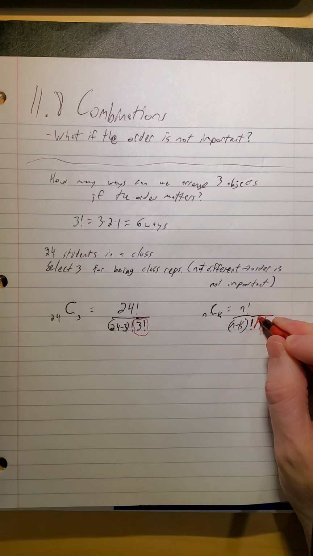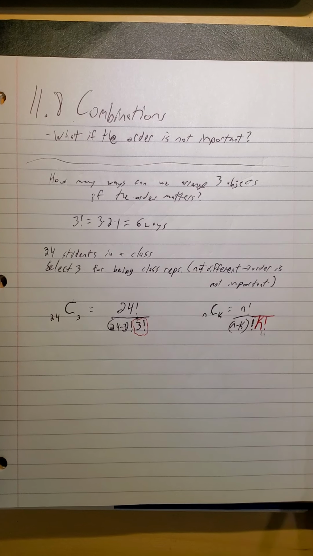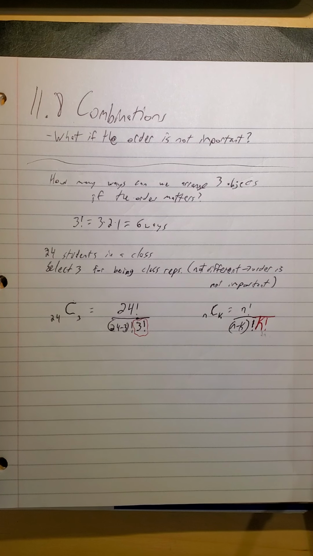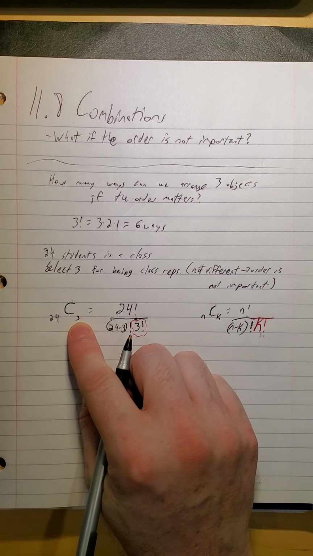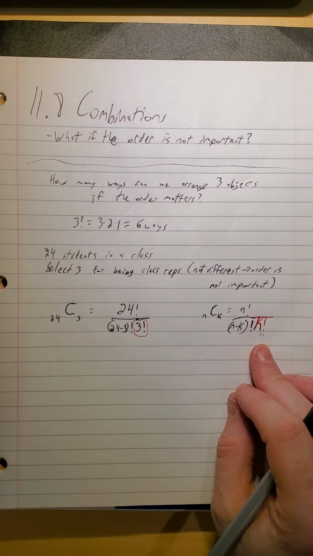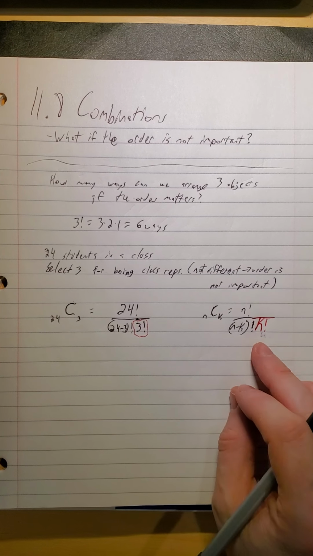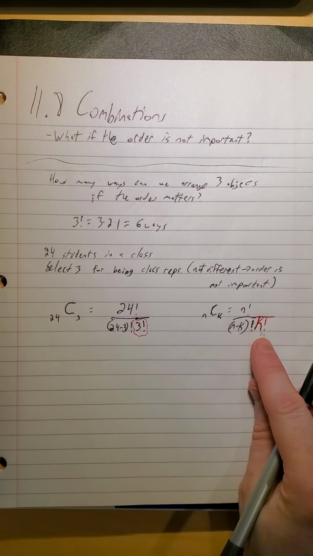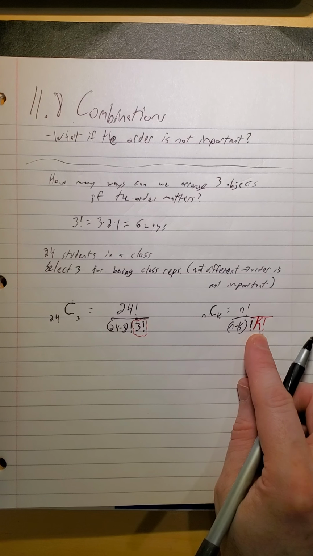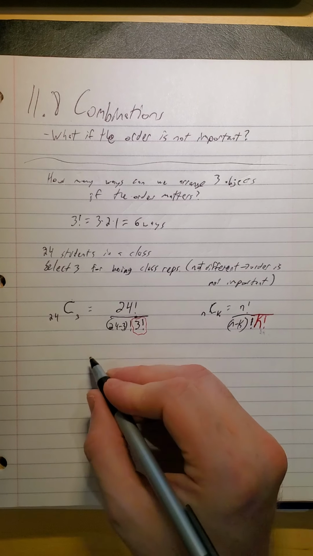My apologies there. The k ways that we could arrange each group of the 3 students or 5 students or however many in our little subset. How many ways can each of the groups be rearranged? And since the order no longer matters, we divide by that number.